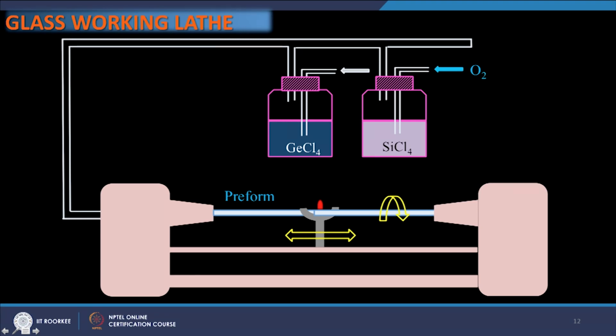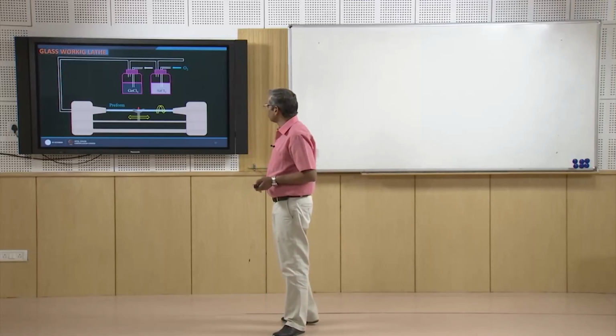So, again this process is also called soot process. Here what you have is a central mandrel which is made of aluminum oxide or graphite, and you flow in the reactants from here and heat it up. There is a burner which translates, this mandrel is rotated, so you cover the whole area.